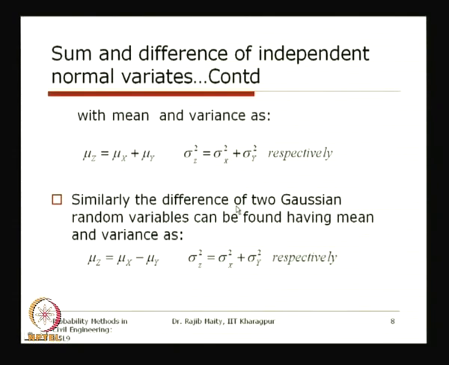In the case of the difference of random variables as well, the variance is always additive. So whether it is x minus y, y minus x, or even x plus y, the variance will be the same, the summation of the individual variances, but the mean changes as per the function.